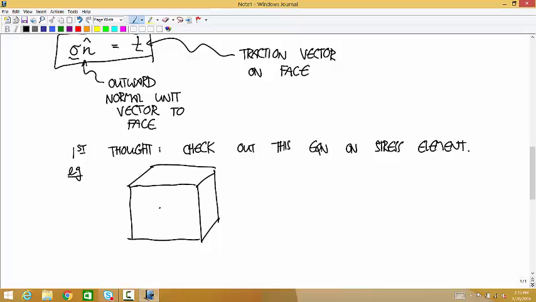Let's say we have 10 megapascals acting in the positive z direction on the positive z face, 1 megapascal acting down on the z face, 2 megapascals acting to the right, and then make all the corresponding shears that would make this a symmetric matrix. And I guess let's put one more here.